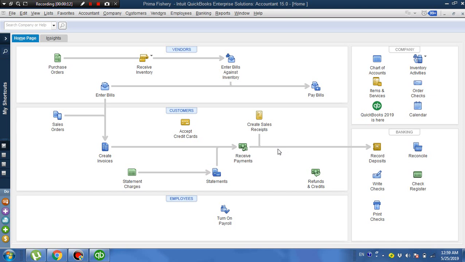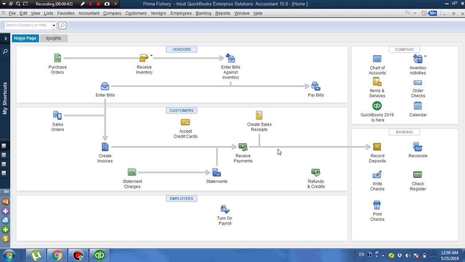Now that you have the idea of class and the idea of job, it is time for us to experiment with job and class in the create invoice window for the sale invoice, and we also need to see and apply job and class in the vendors window.